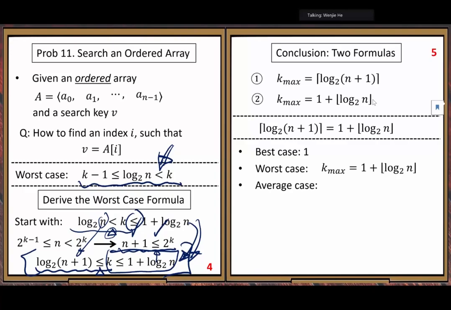We leave it for next time, when we want to study how to find the average case efficiency number for binary search. It's not that straightforward. We need to do quite some work to find the answer. That's it.